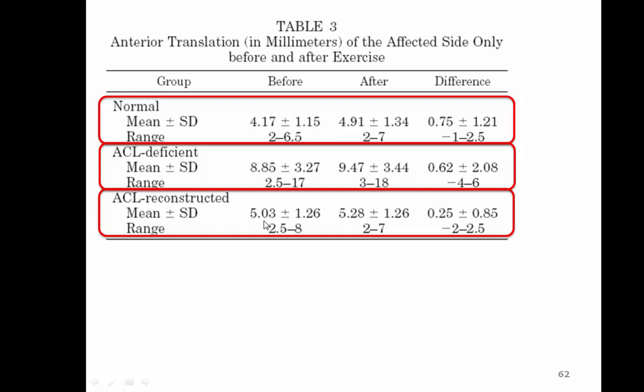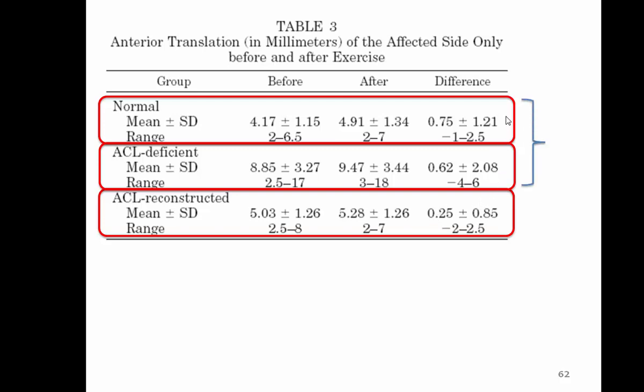And in response to exercise, the participants that had an ACL reconstructed knee with a graft experienced, as we see here, much less of an increase in anterior tibial translation following the 15-minute treadmill run.